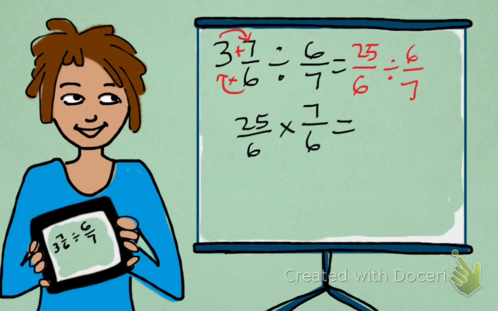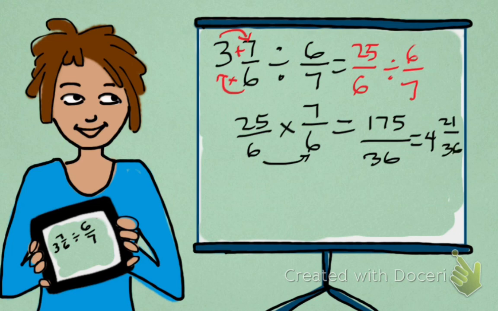Now we can multiply our numerators. So we have 25 times 7 equals 175, and multiply our denominators. 6 times 6 equals 36. And then we can simplify our answer, 175/36. So if we divide 175 by 36, we can simplify this as 4 and 21/36.